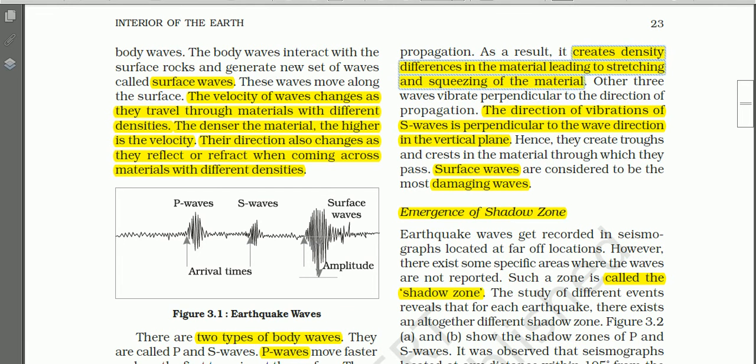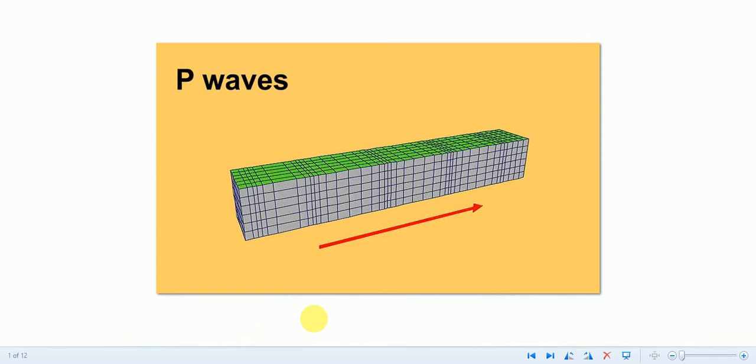Okay, so let me show you one diagram. This is how P waves move. This is the direction of propagation. See the arrow, this arrow tells the direction of movement, the direction of propagation of P waves. And here P waves cause this squeezing and stretching.